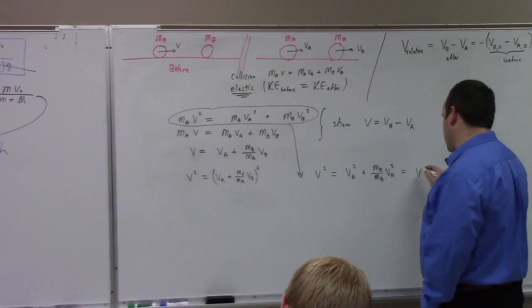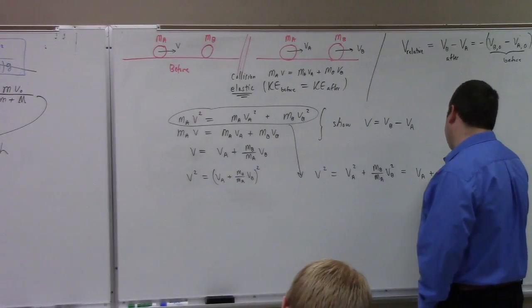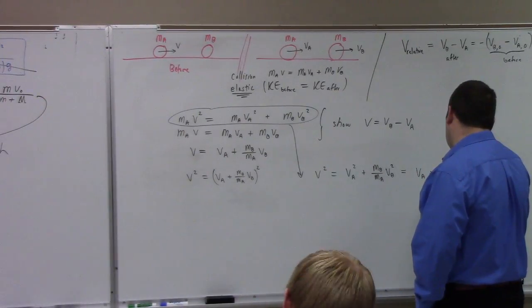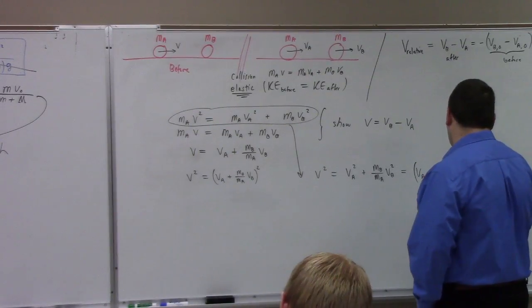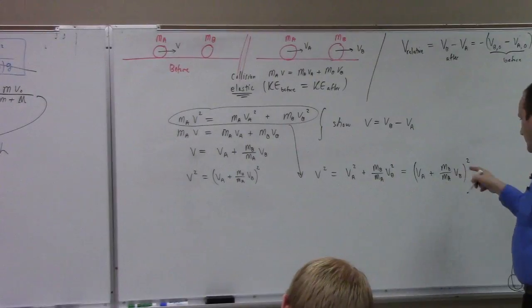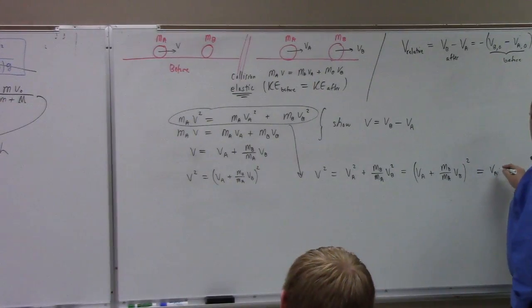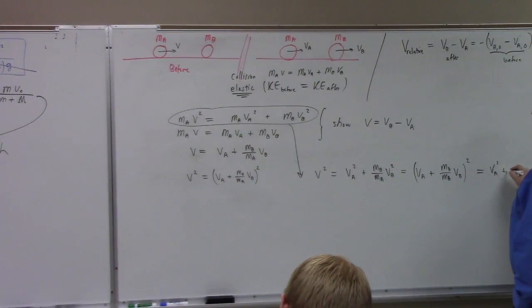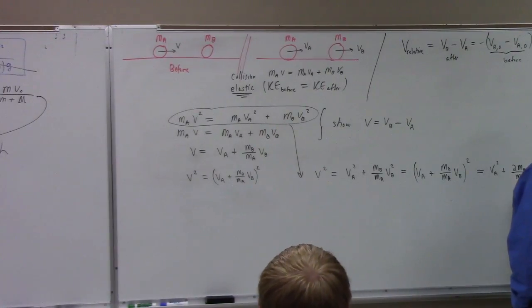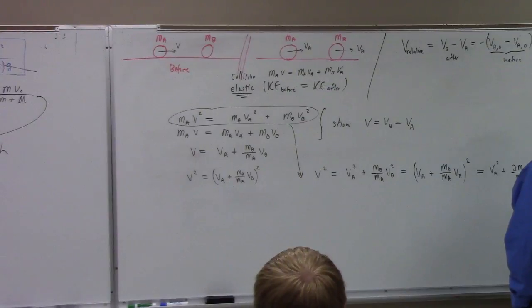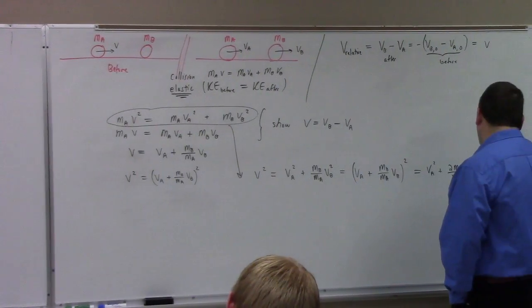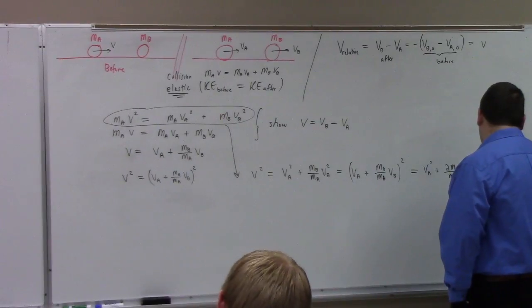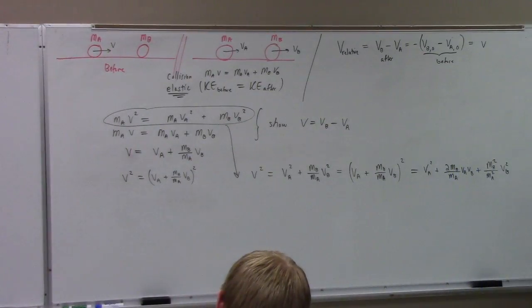So square this out. What do we get? We've got VA squared plus twice MB over MA VA VB plus MB squared over MA squared VB squared. Anything nice happen here?